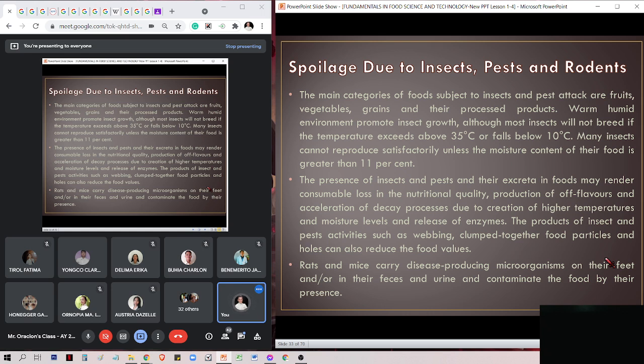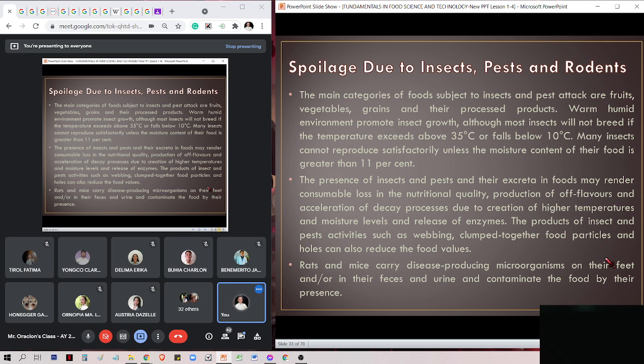Many insects cannot reproduce satisfactorily unless the moisture content in their food is greater than 11%. The presence of insects and pests and their excreta in food may render it unconsumable and cause loss in nutritional quality.